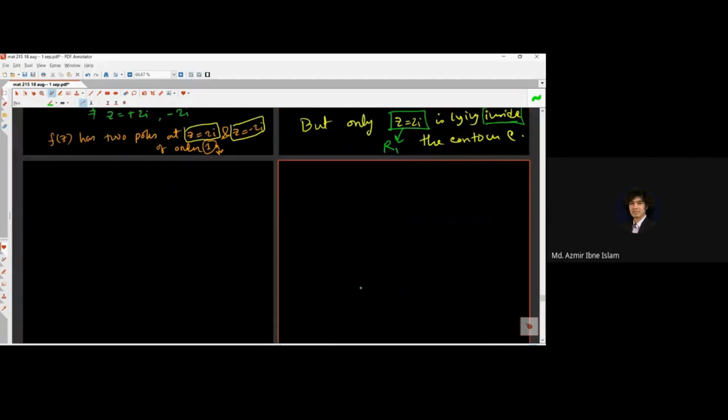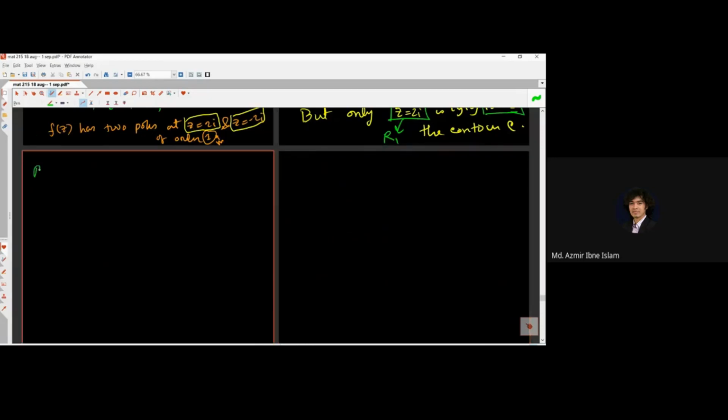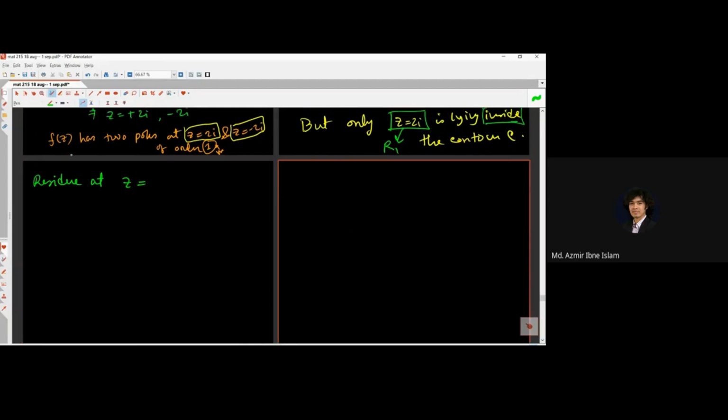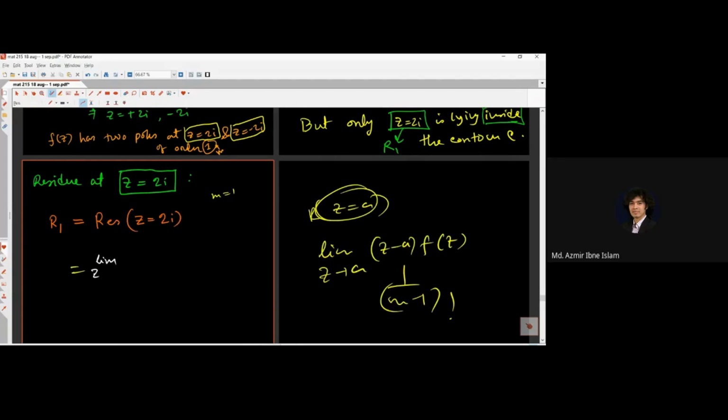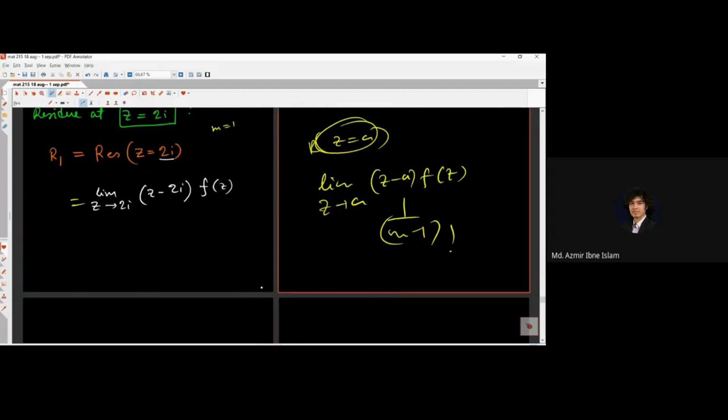Let's say it is R1, the residue at z equal to 2i. R1 equals the limit as z tends to 2i of (z minus 2i) times f of z. The process is now very simple. What is our main function?